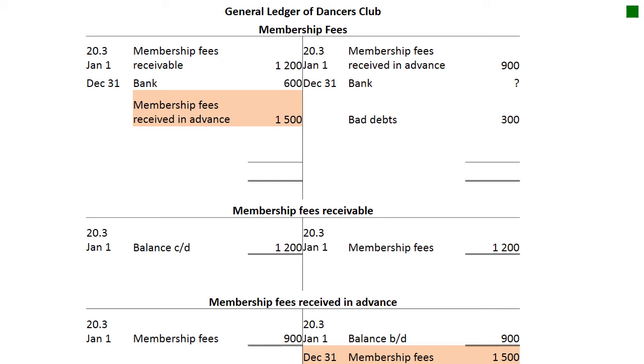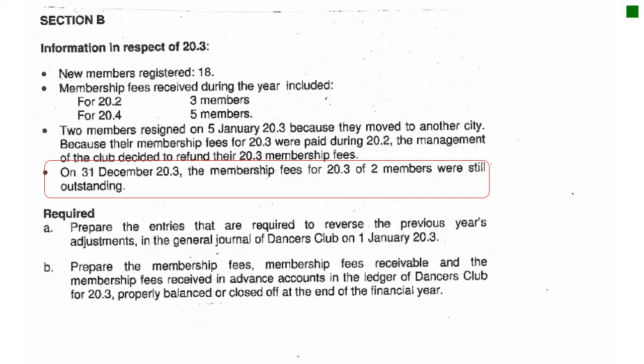So the membership fees account gets debited with 1,500 Rand, and the membership fees received in advance gets credited with 1,500 Rand. That's our new current liability. That's going to be next year's membership fee income. They told us that at the end of 2003, 2 members hadn't paid their membership fees, so we can do the final adjustment for that.